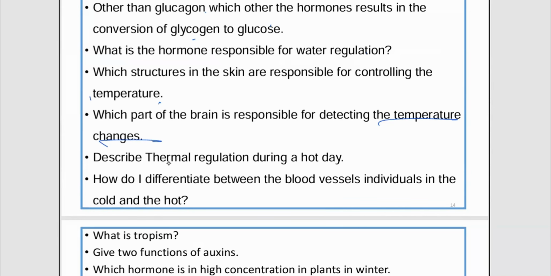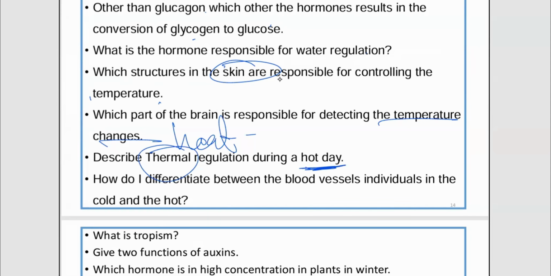Describe the thermal regulation. When you say thermal, it means heat. Thermal regulation during a hot day. What will happen during a hot day? Remember, we said that the parts responsible for controlling temperature in the skin are the blood capillaries and the sweat gland.